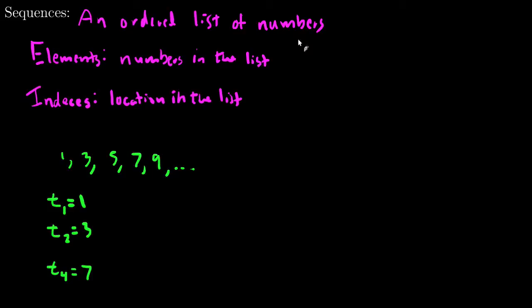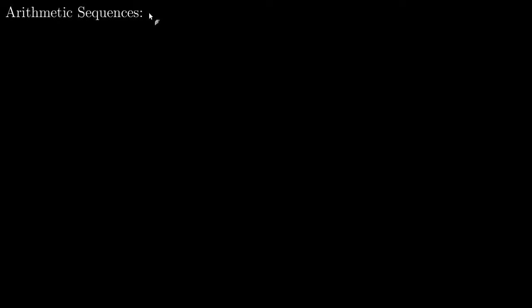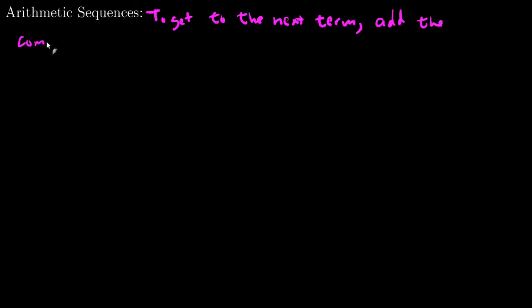Now we'll look at three important sequences that show up in mathematics and talk about them more specifically. First one, arithmetic sequence. An arithmetic sequence is a sequence where, in order to get to the next term, we add the common difference, which we will denote by the variable d.